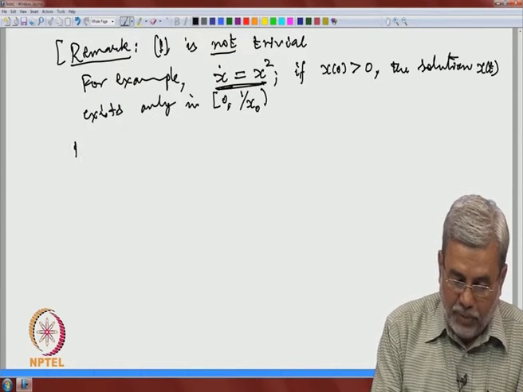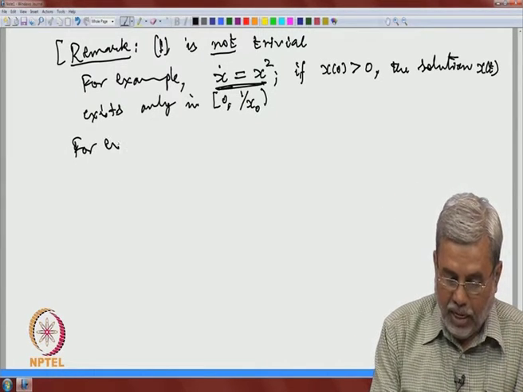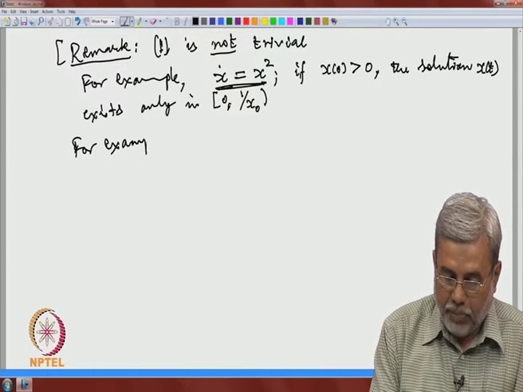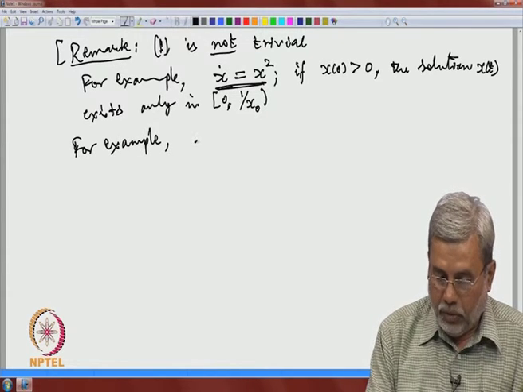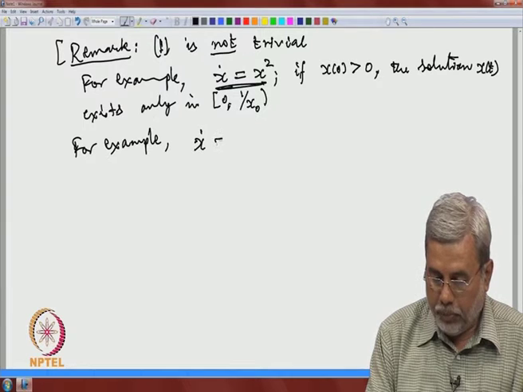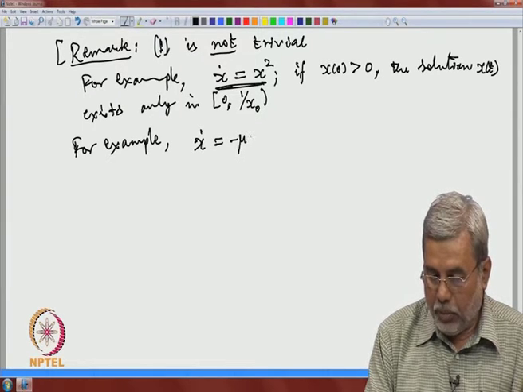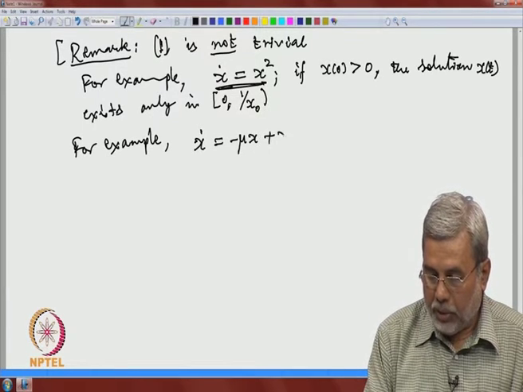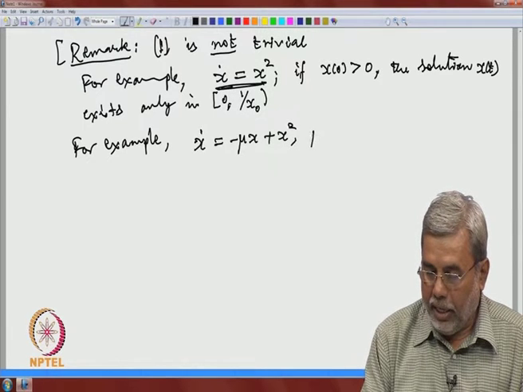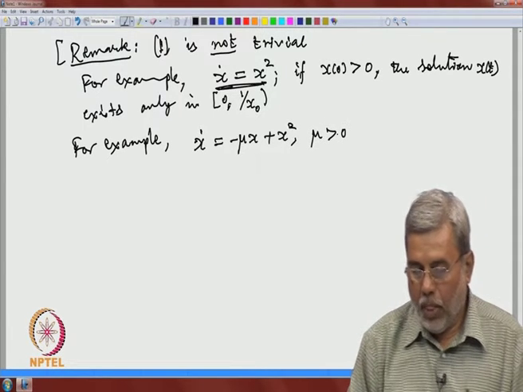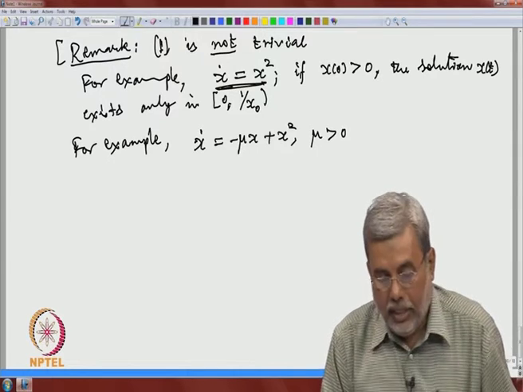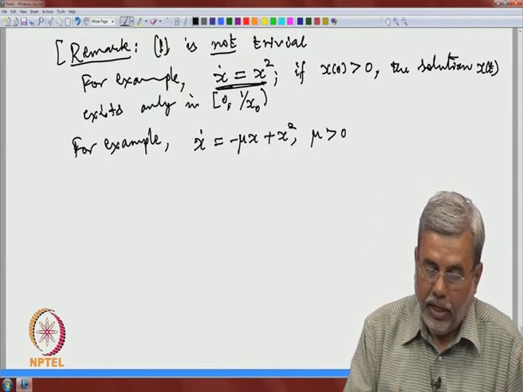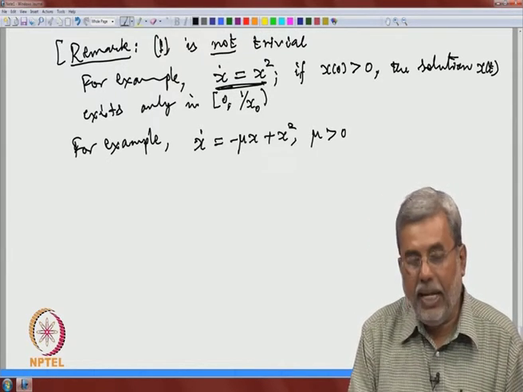For example, if I want to compare this example with star, I take x dot equal to minus mu x plus x square, with mu positive. This is similar to the star equation in 1D.